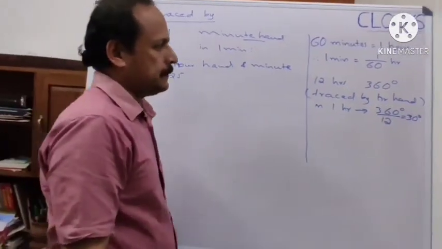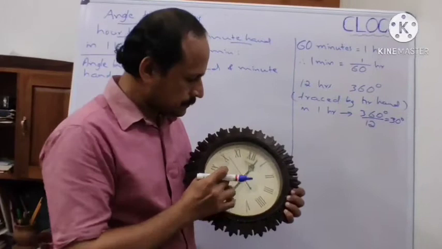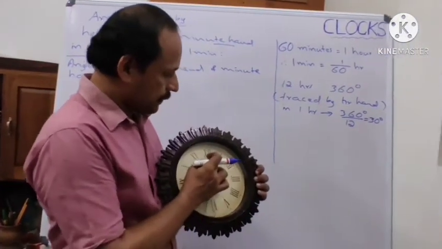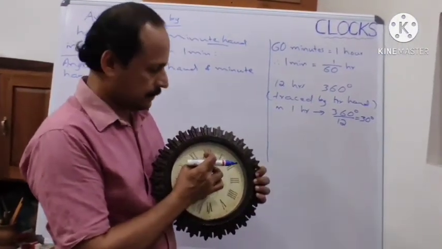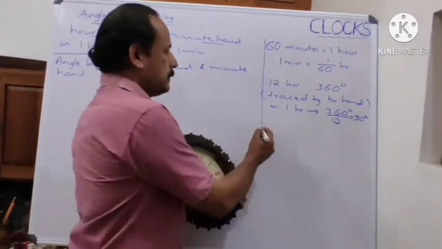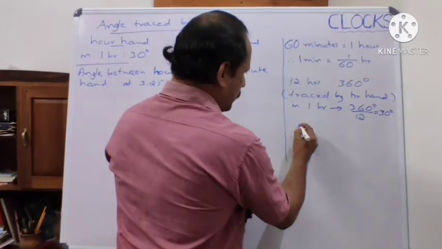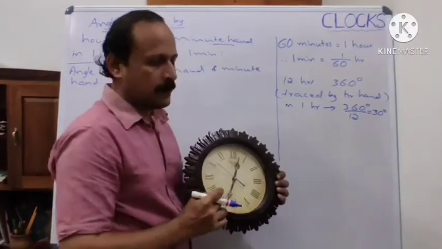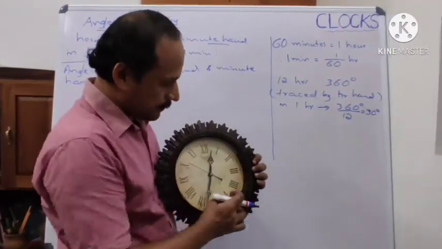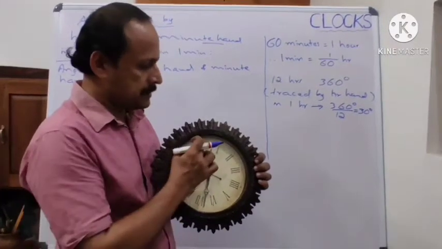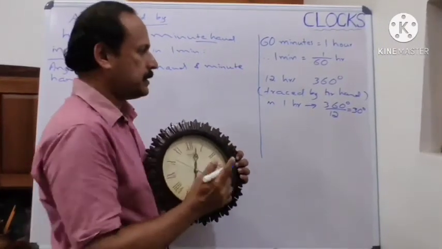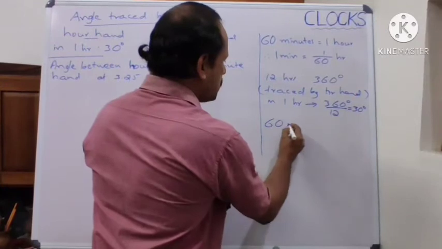Now we take the minute hand. For the minute hand, when it completes one full rotation, we have 60 minutes.